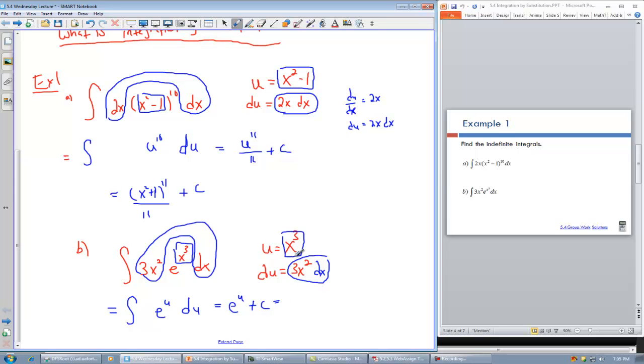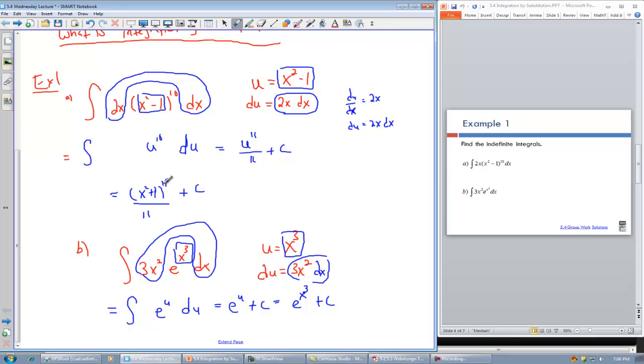And then I substitute back in here for the u, and so I get e to the x cubed plus c. Let's fix that stupid u. All right, so that's e to the x cubed, there we go, plus c. And that's my answer.